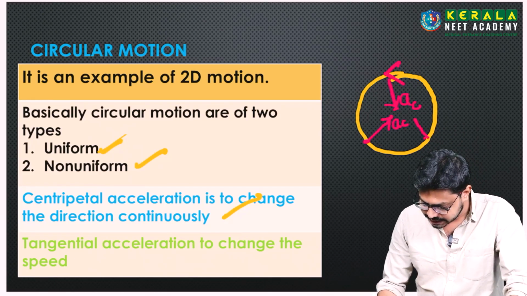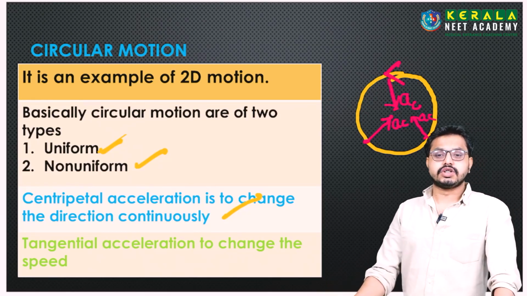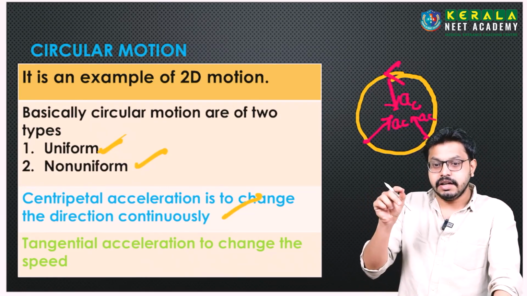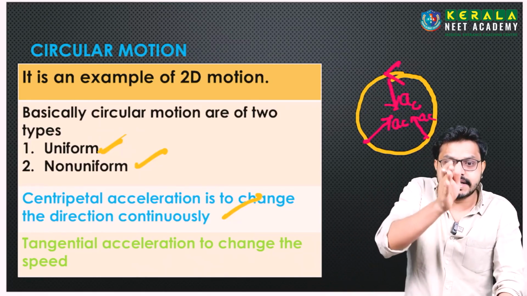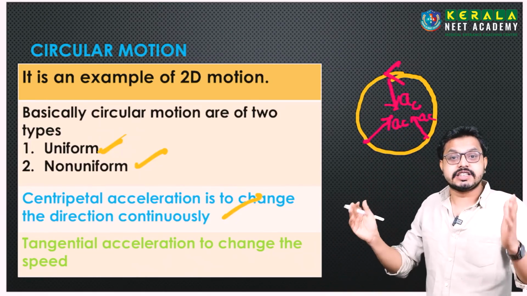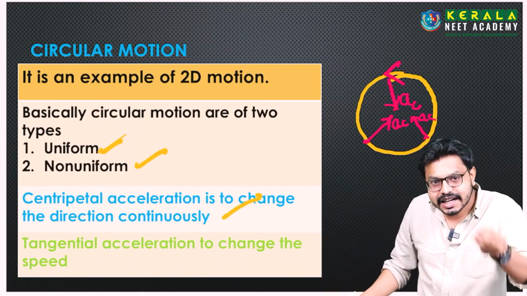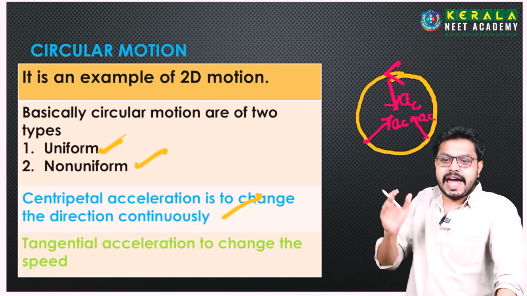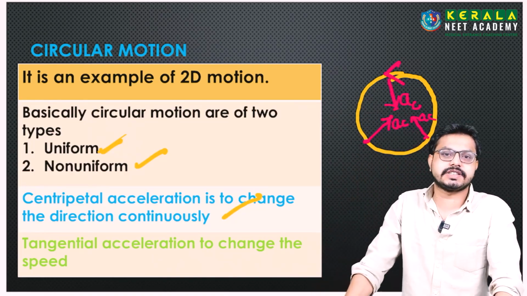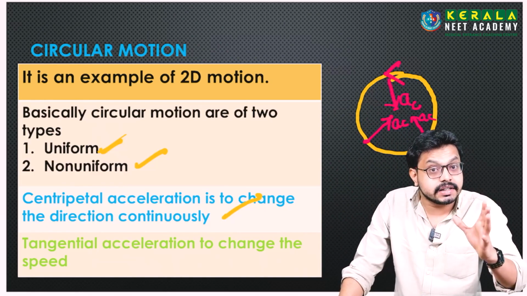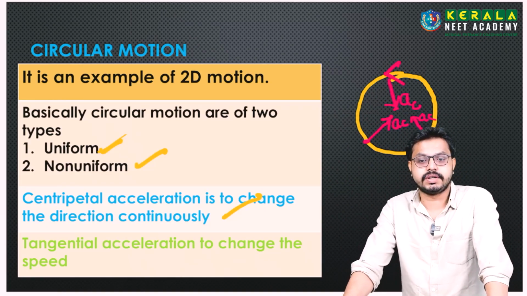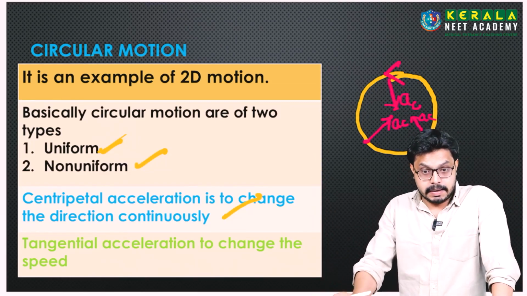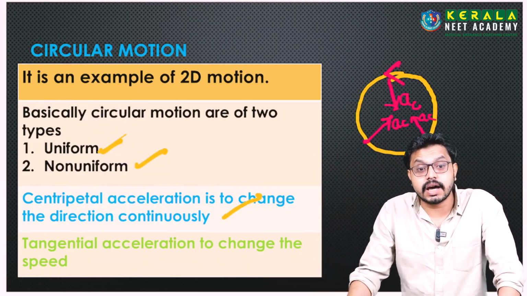At any instant, at any point, if you mark the acceleration, it should be towards the center. That is why it is known as centripetal acceleration. Clear? Centripetal acceleration is the necessary acceleration of a body under circular motion. That's a very important point.